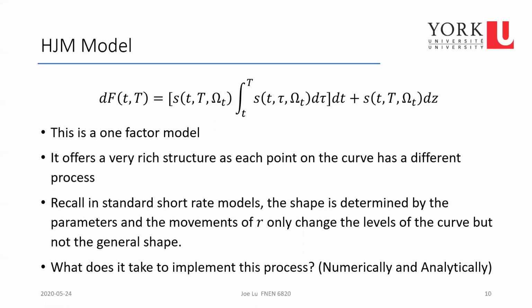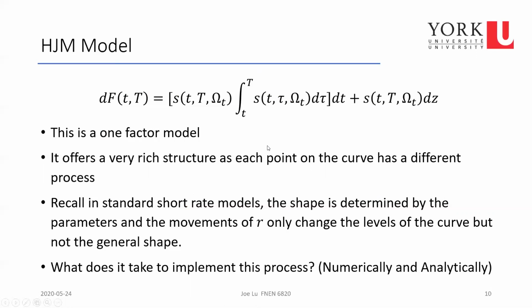One factor for each of the points on the curve. We can have those be independent, so the different risk factors are independent. And you don't really have to have a connection between any two points. So each point is actually evolving independently in a way.